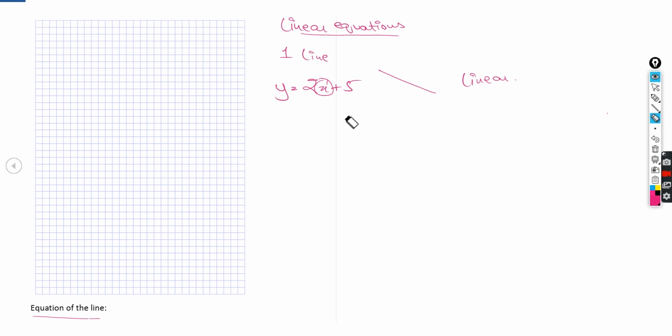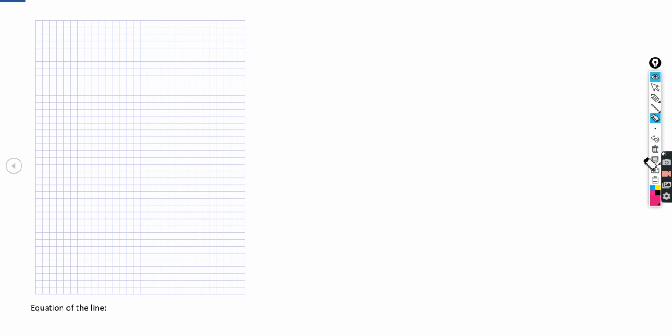I will give you some equations so that we can have a better understanding of what we're doing. So for example, you have a question, y equals to, let's take the same question, 2x plus 5, right? Before going into the graph or before plotting the graph, let's look at some things.